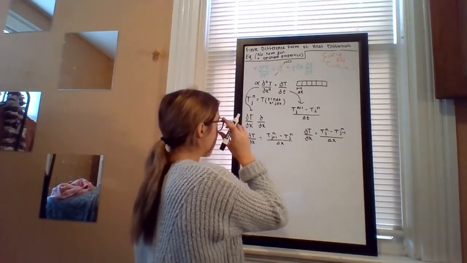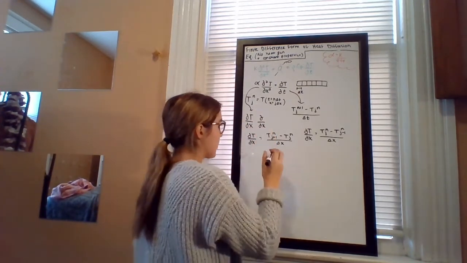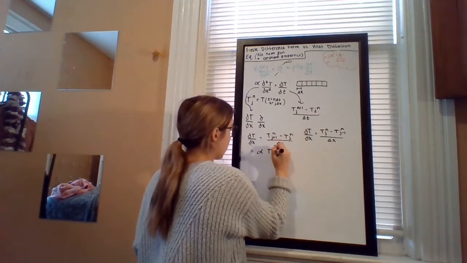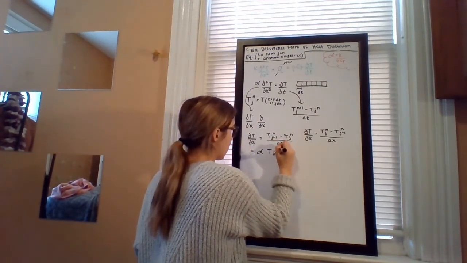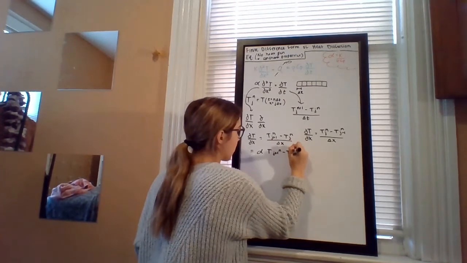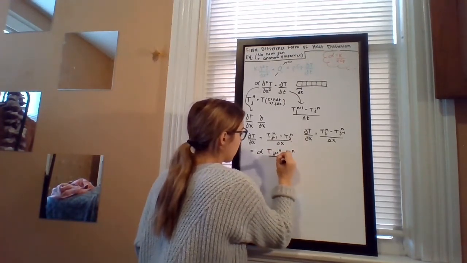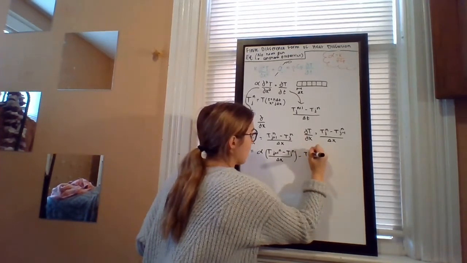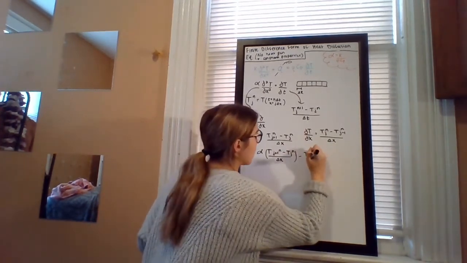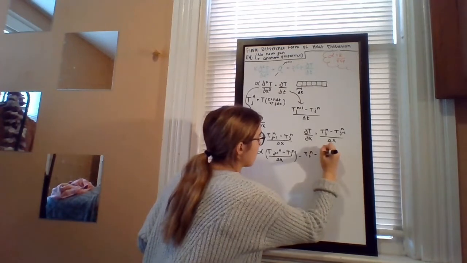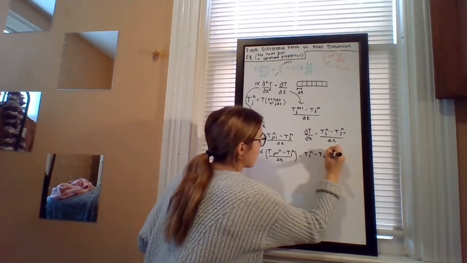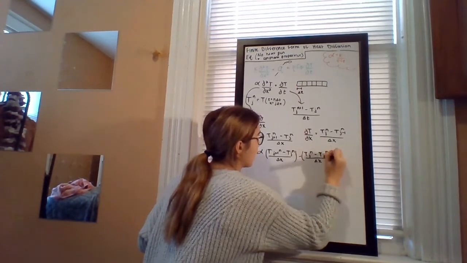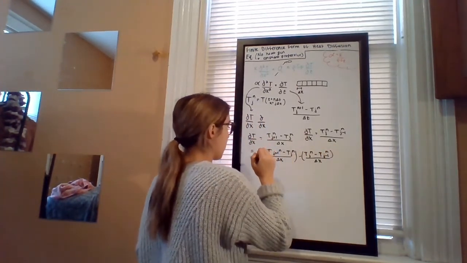Then you can plug that back in to get alpha times (T_(j+1)^n minus T_j^n over delta x, minus T_j^n minus T_(j-1)^n over delta x), and then this is all over delta x.